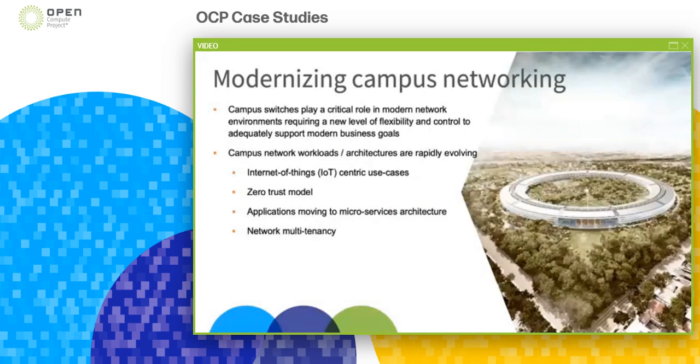Now, while much of open networking innovation has been focused on the data center, there has been a rapid evolution of networking use cases in campus environments as well. Now, I use campus in the widest possible sense of next generation retail stores, warehouses, factory floors, small medium businesses, in addition, of course, to the traditional large enterprise campus facility, for example, something like a Fortune 500 company's corporate headquarters.